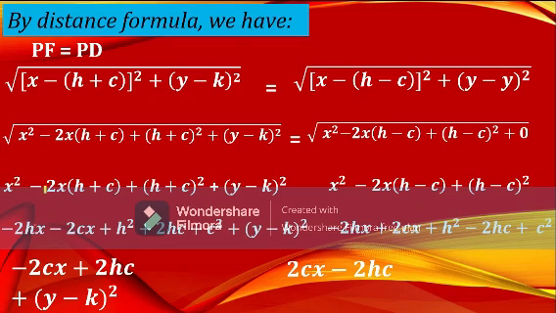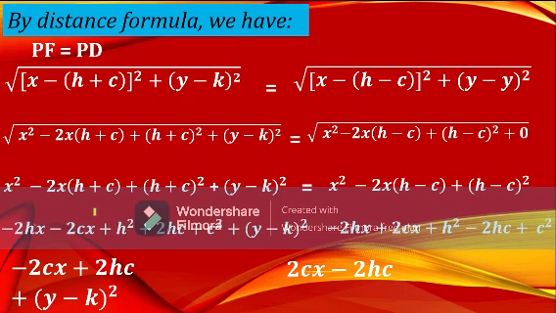Extract the square root of both sides of the equation, so the square root symbol will be eliminated. Then x squared minus 2x times h plus c, plus h plus c quantity squared, plus y minus k quantity squared is equal to x squared minus 2x times h minus c, plus h minus c quantity squared.